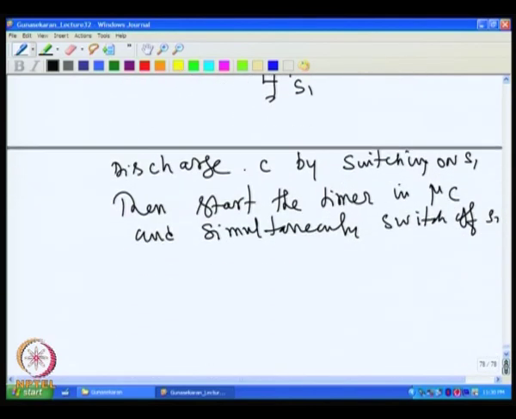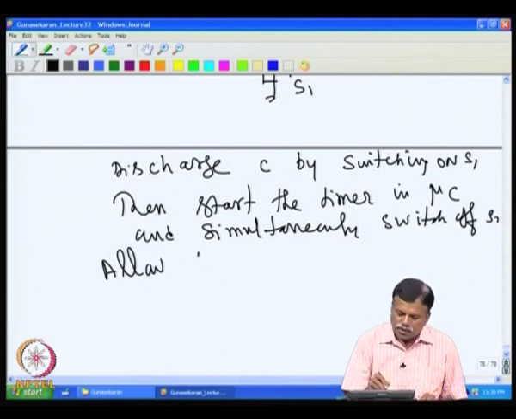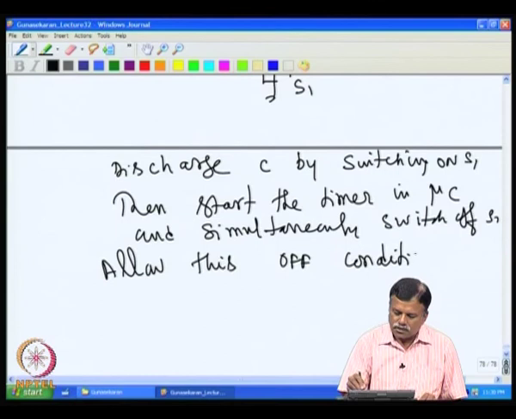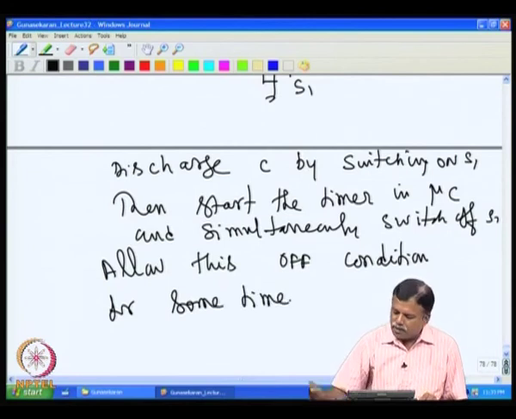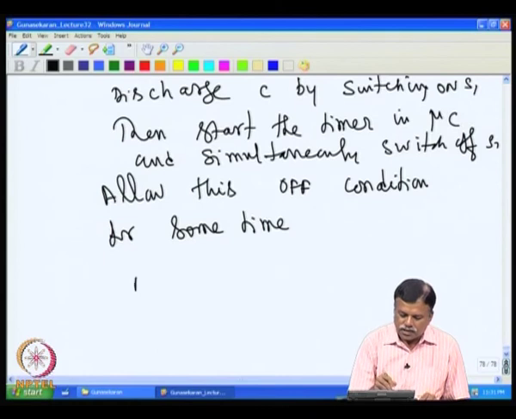Allow this S1 off condition for some time. Now, the capacitor voltage will slowly increase.